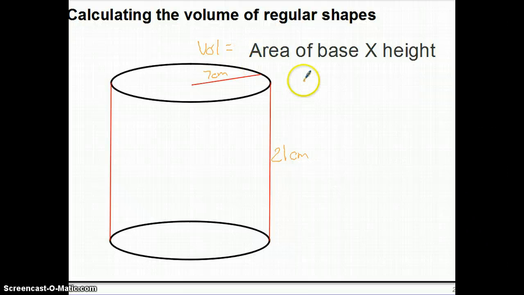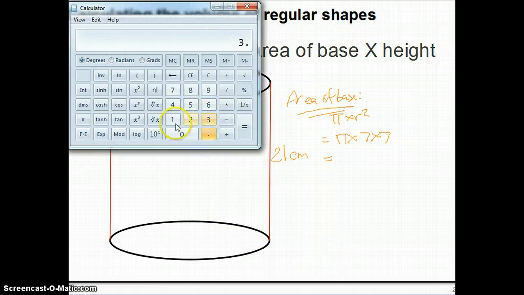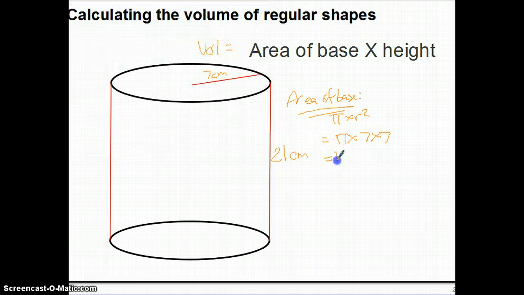Okay, so the first thing you have to do is work out the area of the base. And the area of the base is pi times r squared, which is pi times 7 times 7. So we'll just use 3.14 again here. And we get 153.86 centimeters squared.